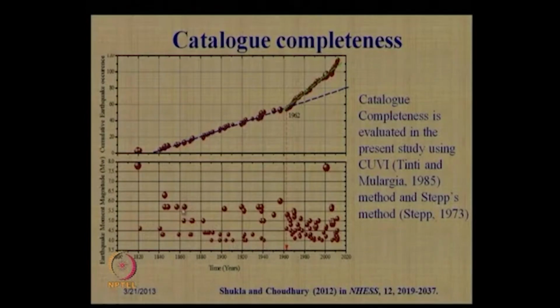After doing that, we can use either the CUSUM method as given by Tinti and Mulargia in 1985, or the steps method of 1973, to get the cumulative earthquake occurrence. We can add this up and get the cumulative scale with respect to time and find out whether there is any change in the slope of that variation in the number of earthquakes.